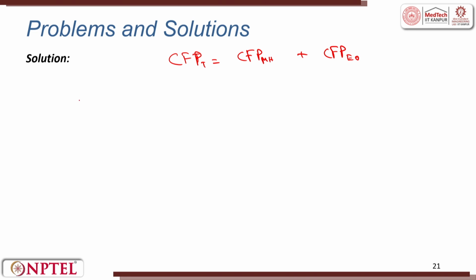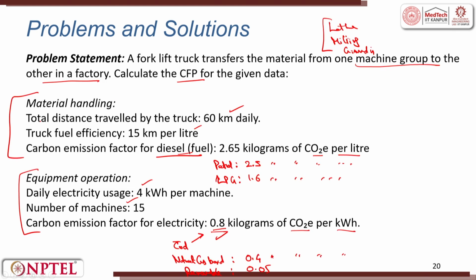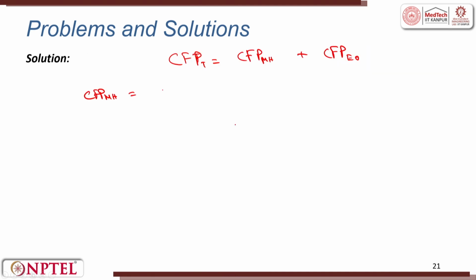For material handling, carbon footprint is equal to the liters of fuel used times the carbon emission factor. The truck has an efficiency of 15 kilometers per liter and total travel is 60 kilometers daily.